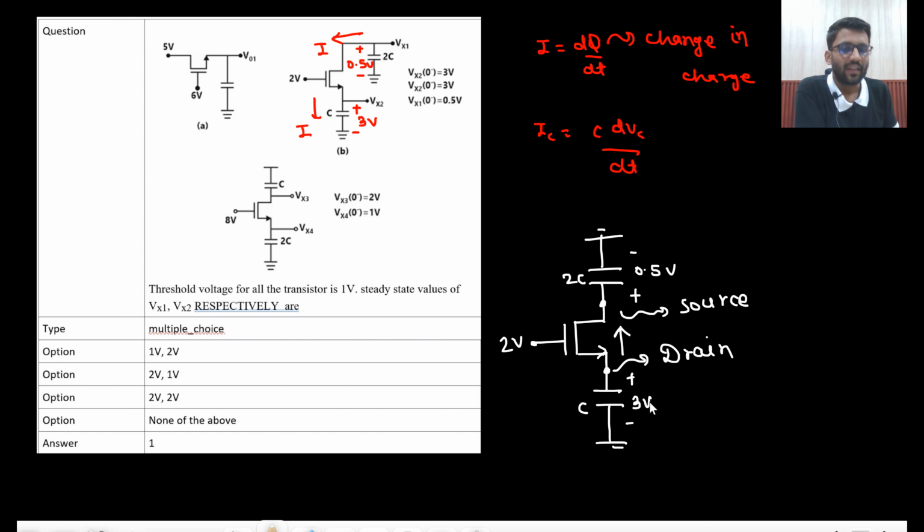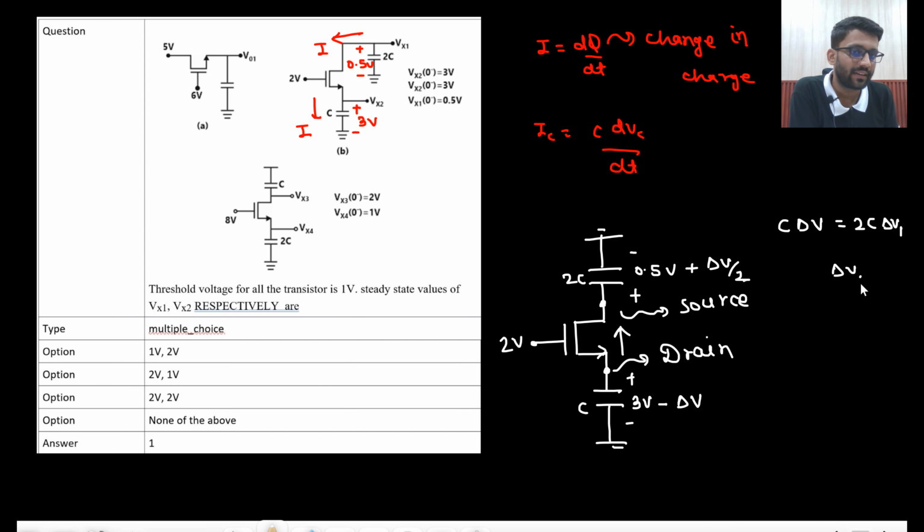Now tell me one thing. If the current flows upward, that means this will lose some charge. Let's say if this loses delta V voltage, then how much voltage will this gain? Can you tell me? It will be delta V by 2. Why is that so? Because if C is losing delta V voltage, so this much charge it is losing, then how much charge will 2C get?